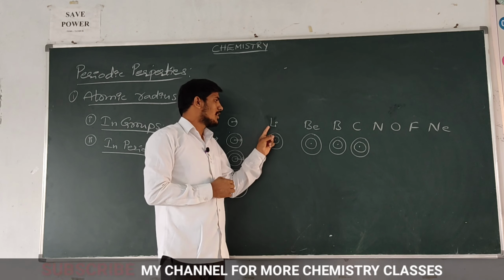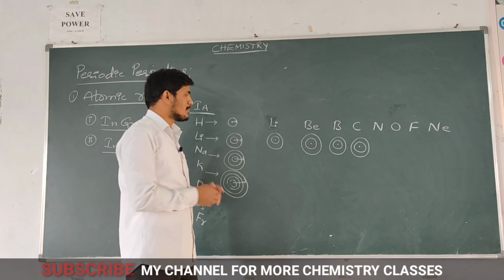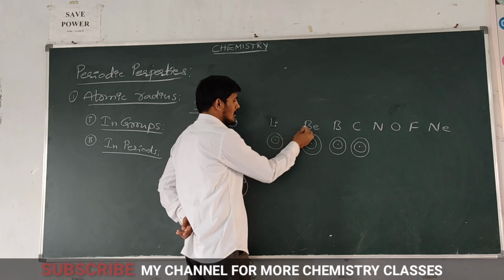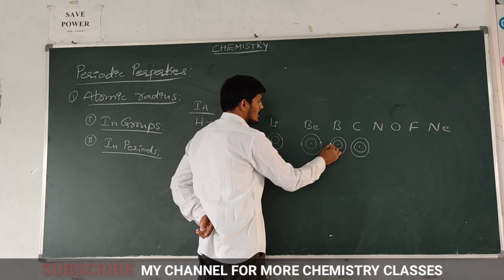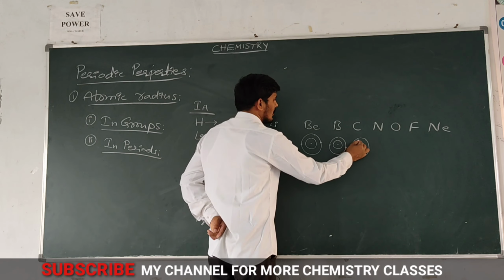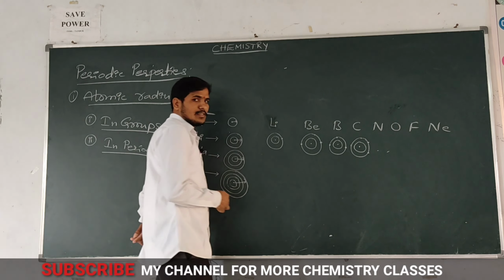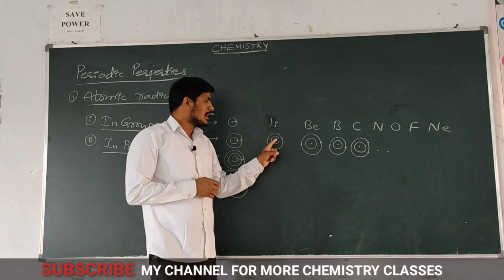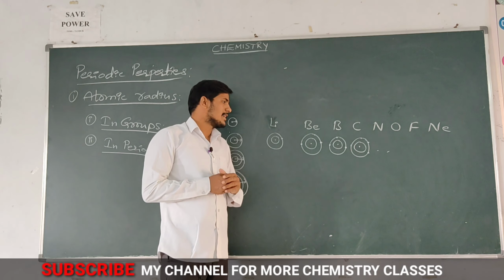Looking at the outermost shell, lithium has a single electron, beryllium has 2 electrons, boron has 3, and carbon has 4 outermost electrons. That means the next electron entering is going into the same subshell.